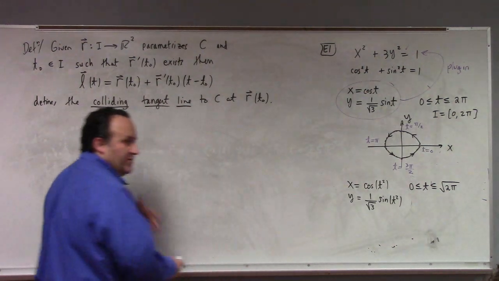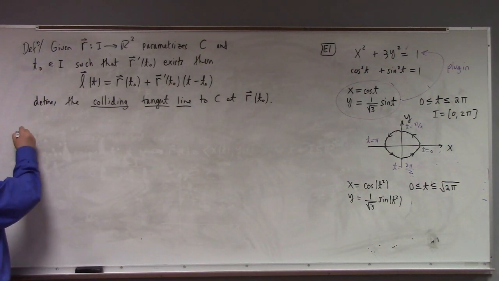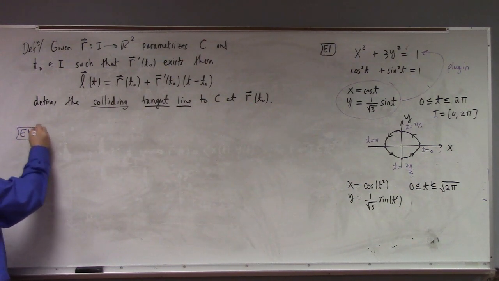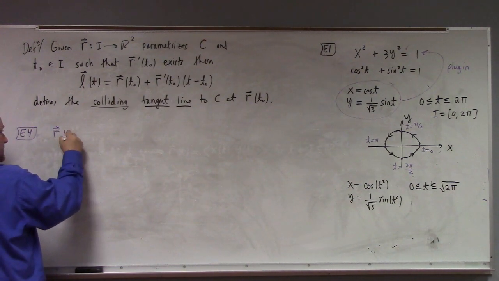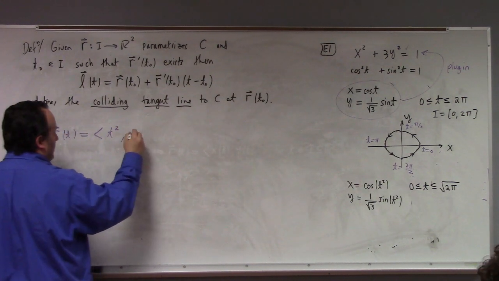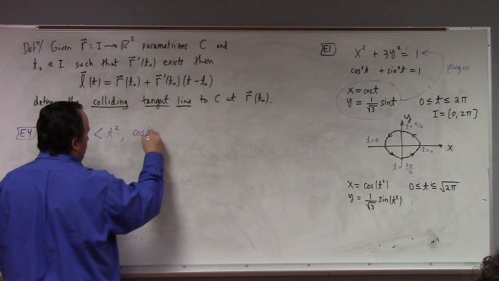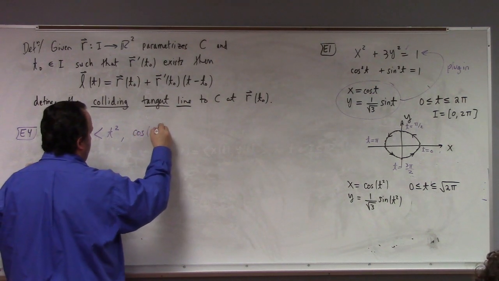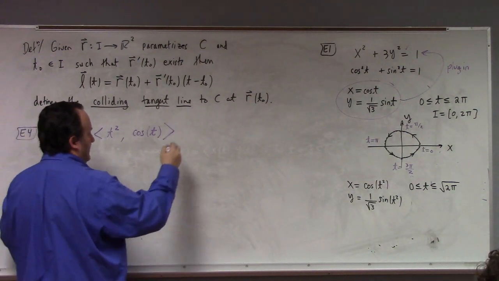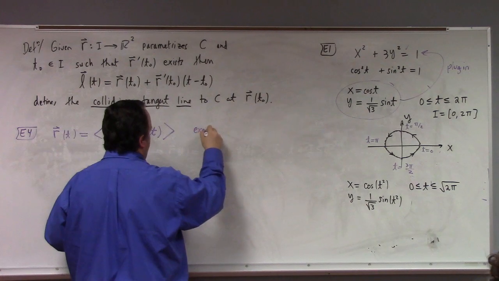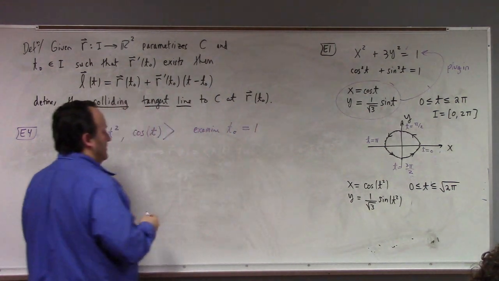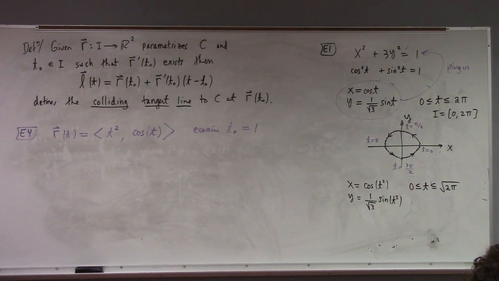Let me show you an example of this, yeah? Example 4. Suppose you have parametrization r of t equal to, oh, I don't know, t squared, cosine of t. And let's examine t naught equals 1. Let's find the colliding tangent line there.